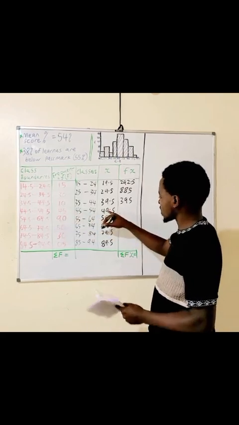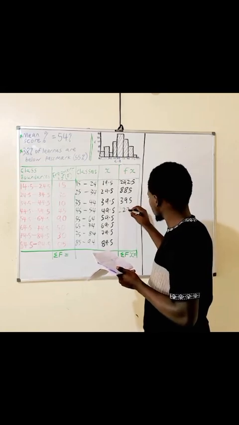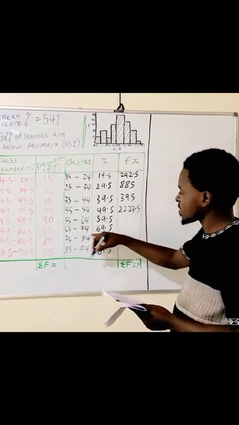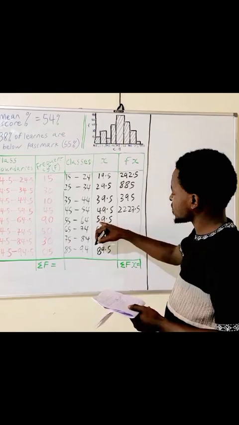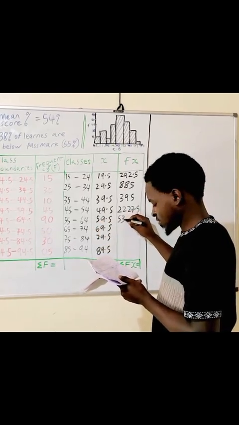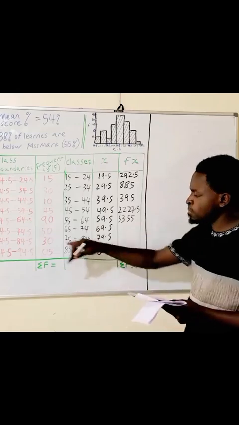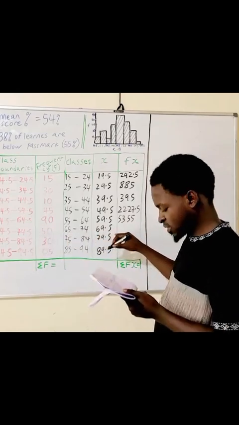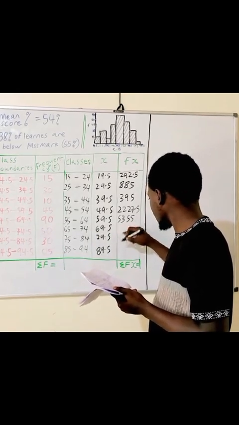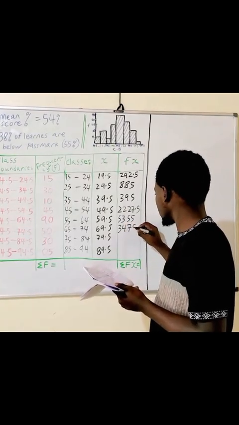Then 45 times 49.5, I get 2227.5. They are 3 twos. Then 90 times 59.5, I get 5,355. 50 times 69.5, you get 3475.